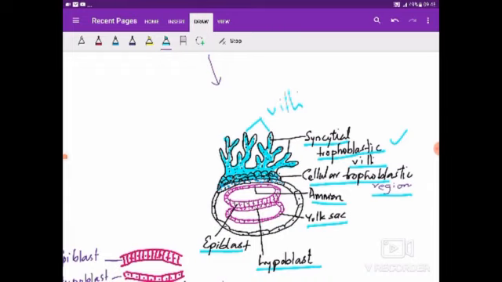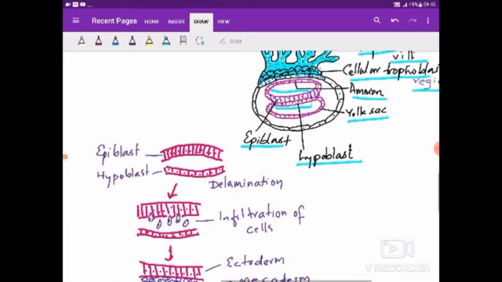So the cells from the hypoblast produce the yolk sac, and the amnion comes from the epiblast cells, a continuation of the epiblast cells dorsally. Okay. Now these two layers form the diploblastic stage of the embryo, and now this changes into triploblastic. Let us see what happens further.